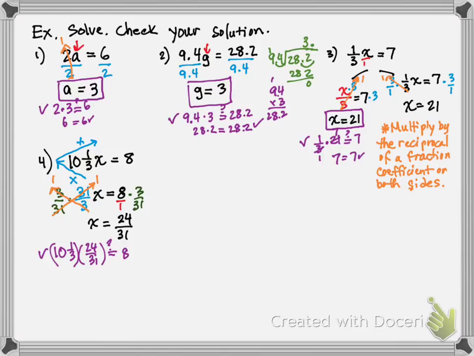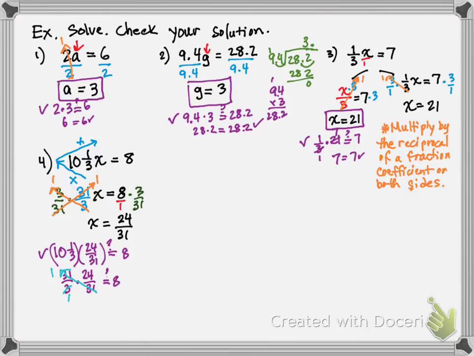First thing, we're going to take 10 1/3 and change it to an improper fraction. So 30 plus 1 is 31 thirds. We're going to multiply that by 24 31sts, and we're going to see if that equals 8. We're going to look for anything that we can simplify by. 31 divided by 31 is 1, but on the other side it doesn't work that well.